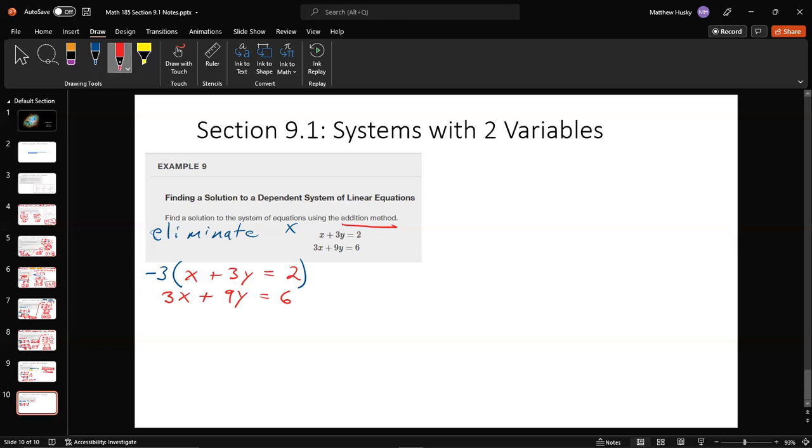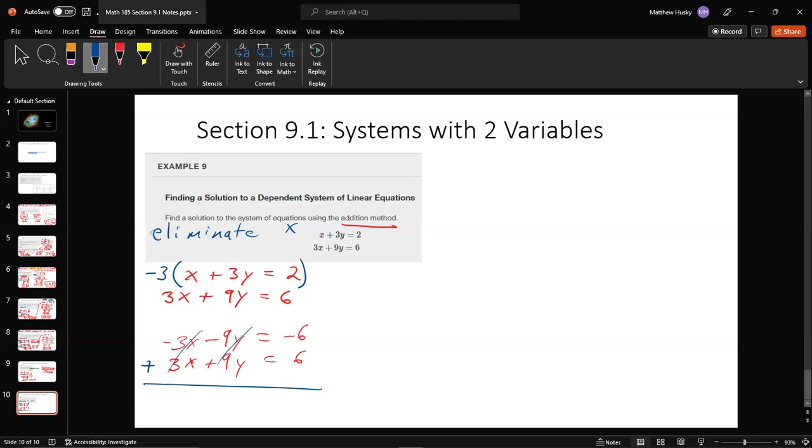If I multiply the top by -3, I will get -3x minus 9y equals -6. Meanwhile, the bottom has not changed. It is 3x plus 9y equals 6. If you then add all of the like terms, that cancels out and that cancels out.